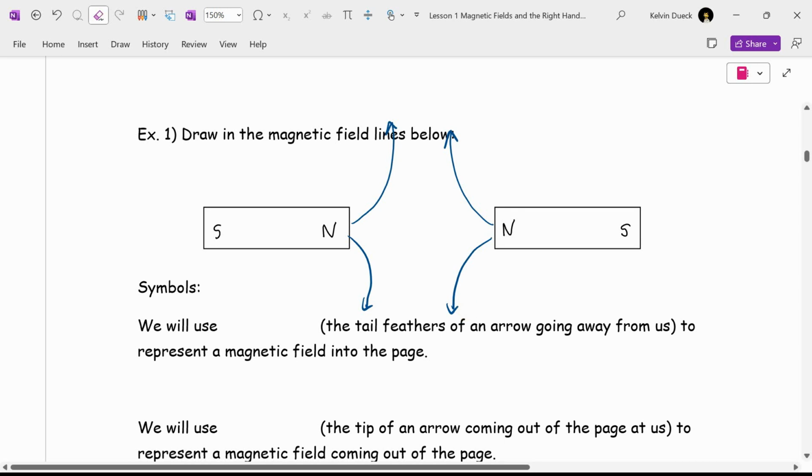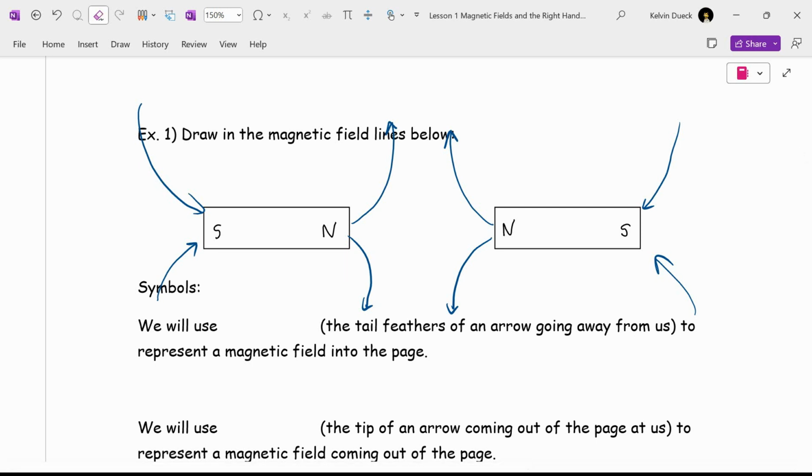Now, magnetic field lines have no beginning and no ending, so that top left line would eventually come in over here, and that top right line would eventually come in over here, coming over here, coming over here, and I could continue this, but I have some pictures that were drawn with computer graphics that'll look better. So we're not going to draw this. We will interpret these diagrams, but I won't ask you to draw these diagrams.